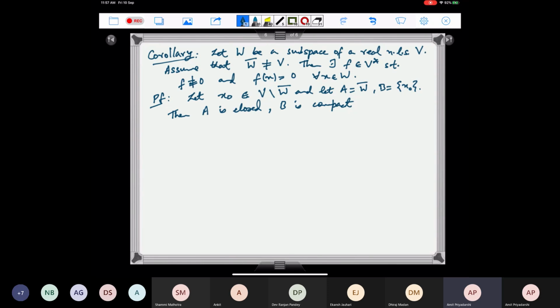So A is closed, B is compact. They are non-empty and disjoint.